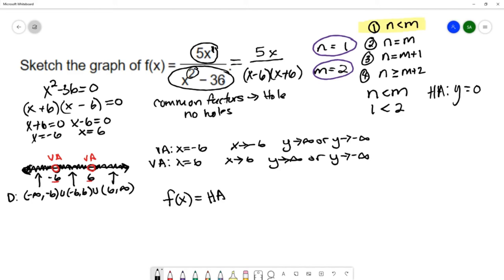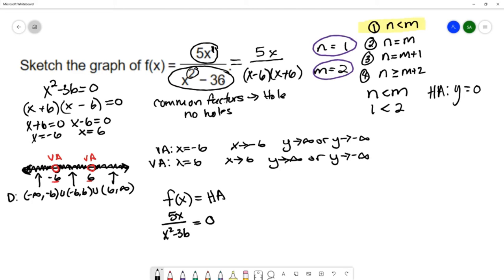That's going to give us 5x over x squared minus 36. That's our function. We want to see if it crosses the asymptote, and that horizontal asymptote is at 0. So if we solve this equation, we're going to find out if the graph ever crosses that asymptote.